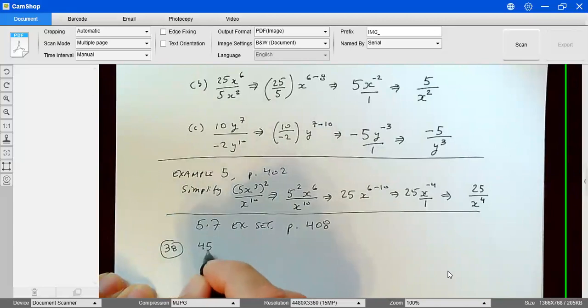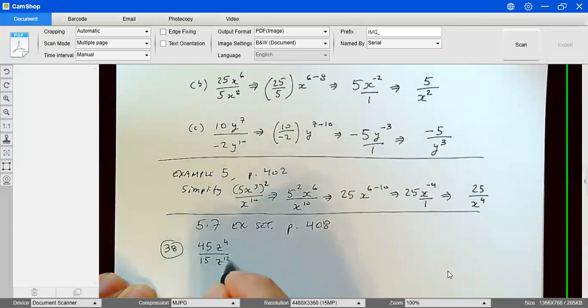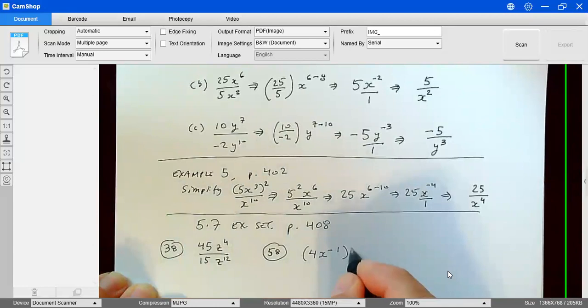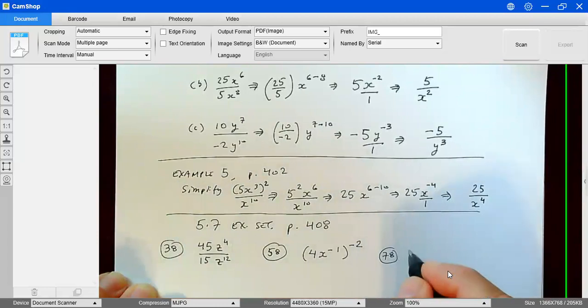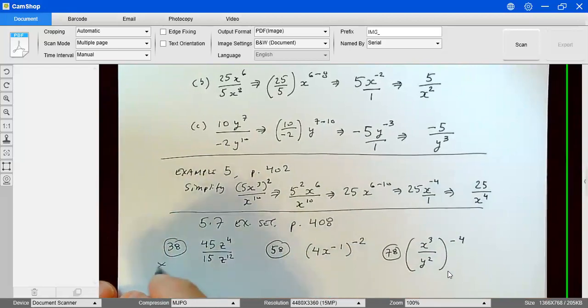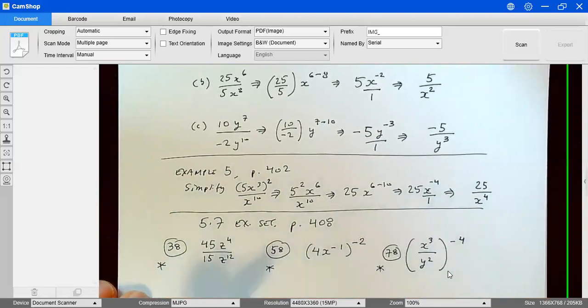You're going to simplify 45z to the 4 over 15z to the 12. Then we have problem 58. You have just 4x to the negative 1, and that is raised to the negative 2. And finally, problem 78 is going to be x cubed over y squared, and this is raised to the negative 4 power. And I need you to work on those 3 problems.